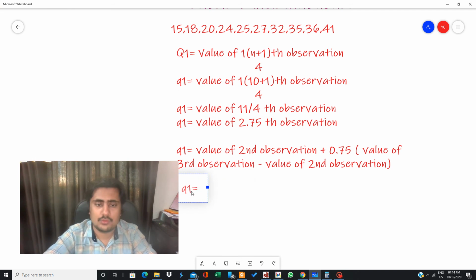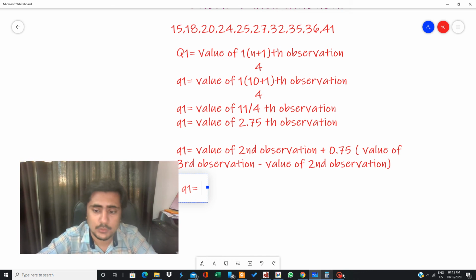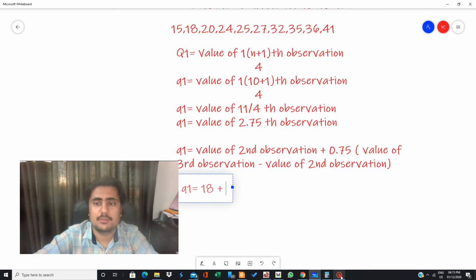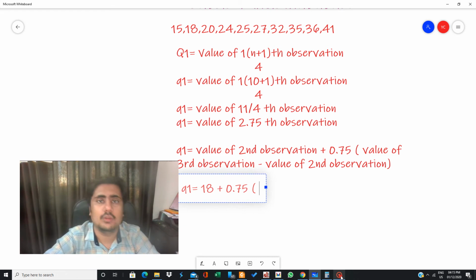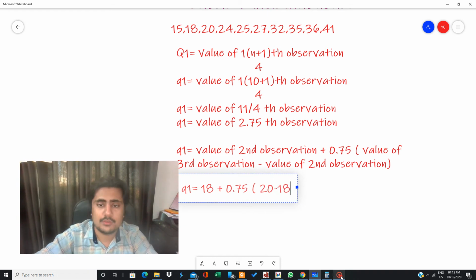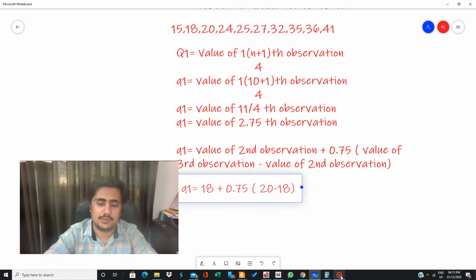From the data we arranged, it is 18, plus 0.75 into (value of third observation minus value of second observation).